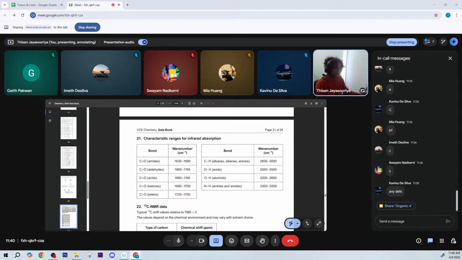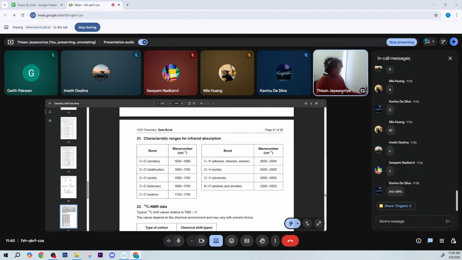These are the ones for the amides, and these are the C double bond O's. These are the OHs. I want you to be mindful with the OHs, so we'll have a look at them in a bit. All of these should have a CH, and here's the NH.